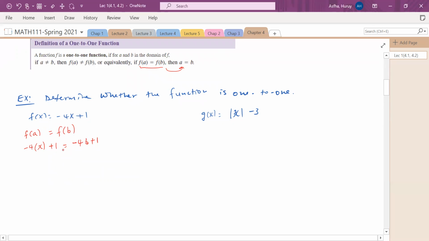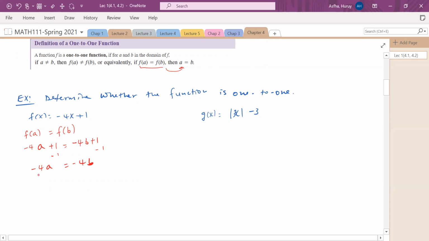Now the 1 will cancel out because we subtract 1 from each side. So we have negative 4a equals negative 4b.